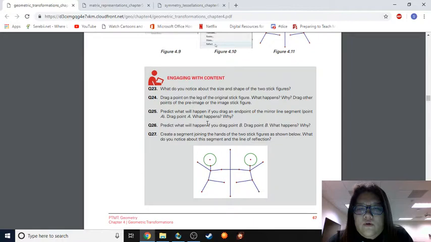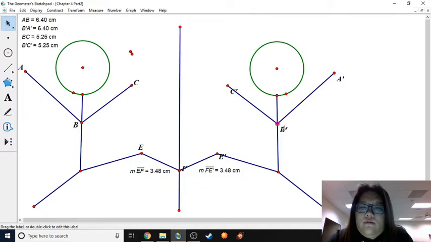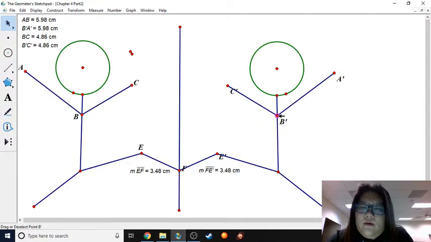If it goes down 1 unit, or 1 centimeter, then the distance would also change, but not just by 1 centimeter. It's changed by a few more centimeters. It depends. We have to do an equation for that.